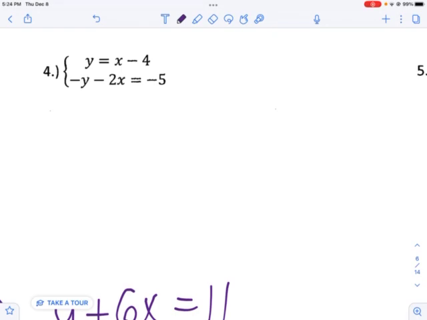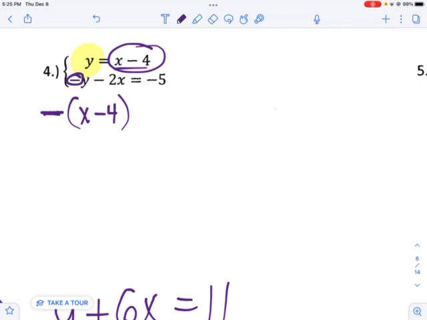And anywhere I see y, I'm going to write the expression x minus 4. But be very careful. I have this negative in front of y. So I have to write a negative sign and then put x minus 4 in parentheses. Continue, minus 2x equals negative 5. Because this is equivalent to y.